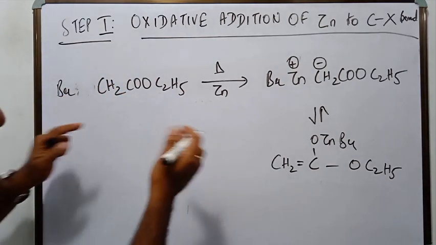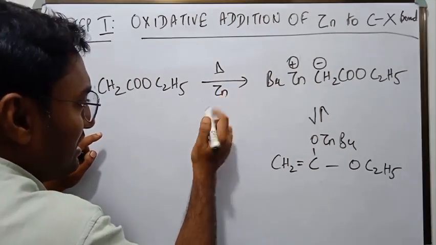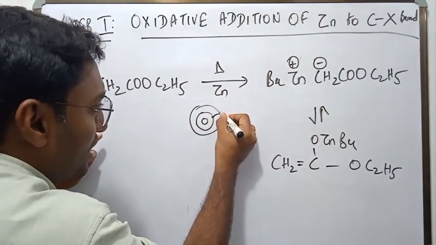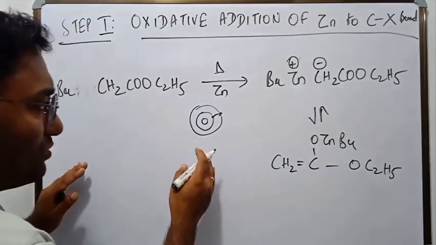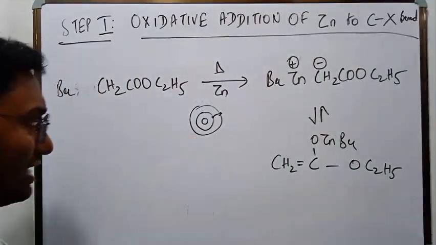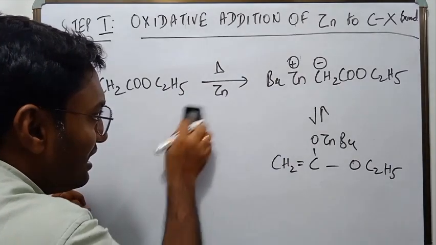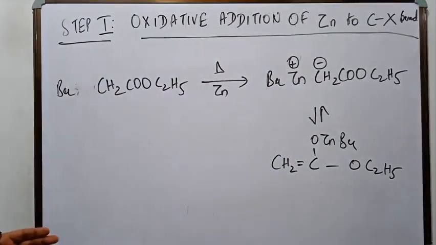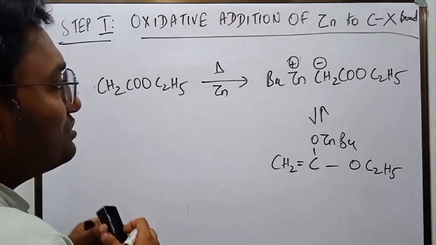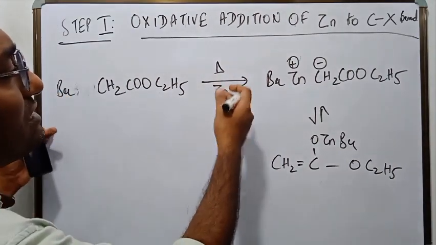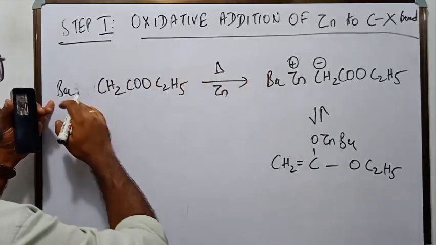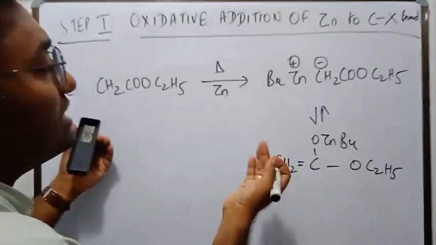And second, the zinc electron goes from the ground state to higher states. Now zinc is electropositive. All metals try to give electrons. So zinc oxidizes bromine. What is the meaning of oxidation?